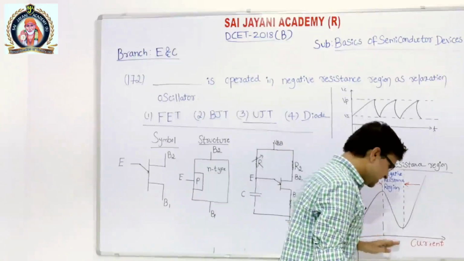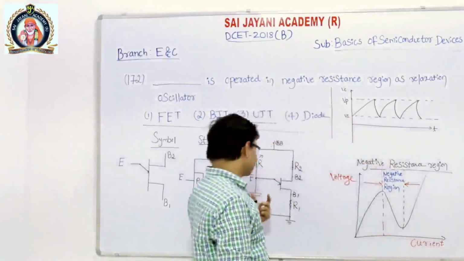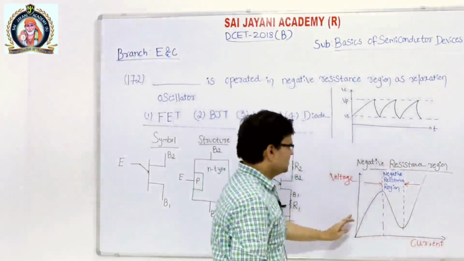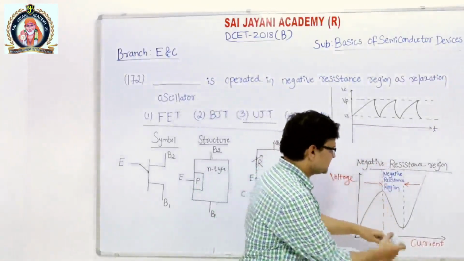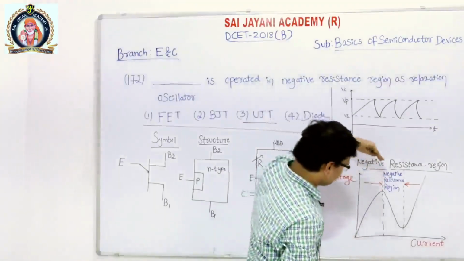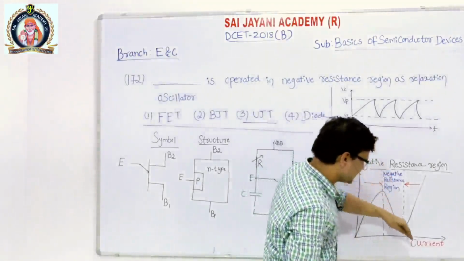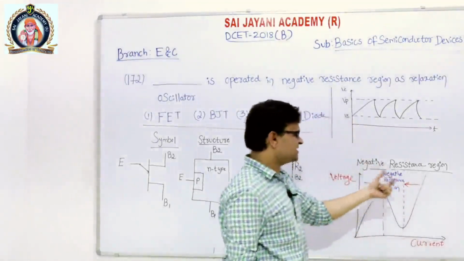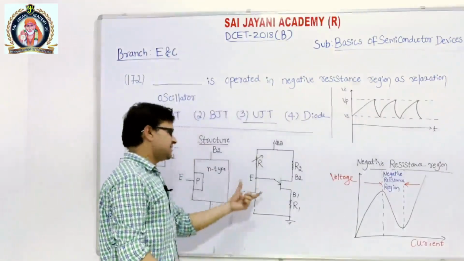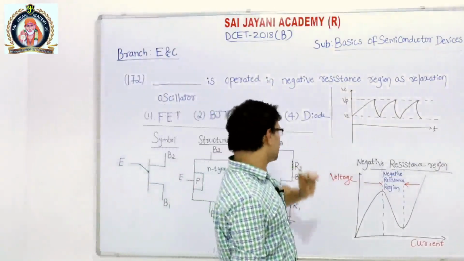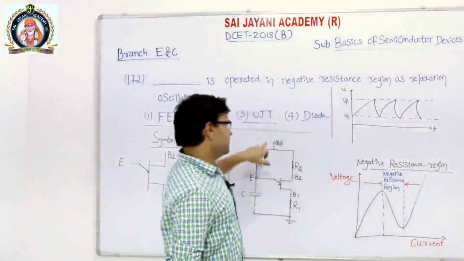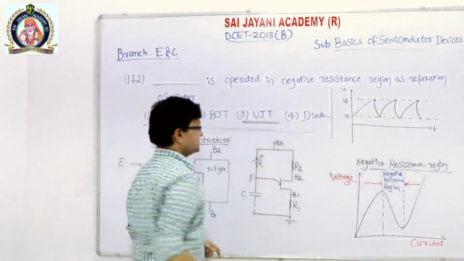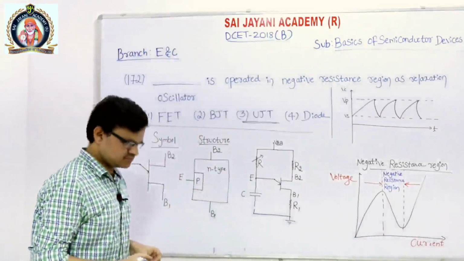When there is an increase in the emitter current, then at a certain region the voltage gradually decreases. That region is called the negative resistance region, and this region occurs when the capacitor voltage becomes equal to the peak value of the VBB. So the answer for this question is UJT, that is unijunction transistor.